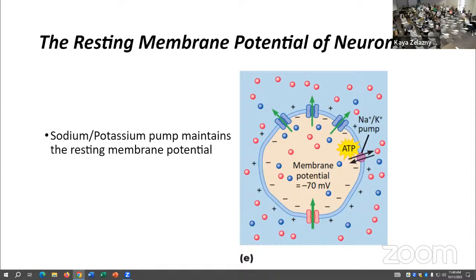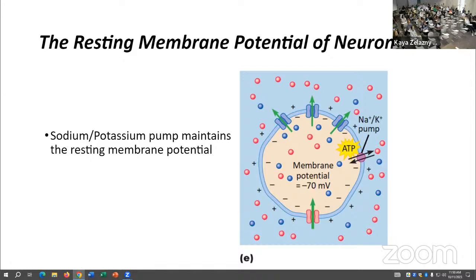Okay, so we had talked a bit about the sodium potassium pump. We talked about the equilibrium potential of sodium and potassium, how that relates to our membrane potential, our resting membrane potential being -70 millivolts. We looked a little bit at the permeability of that membrane. Now, permeability, very permeable to potassium.